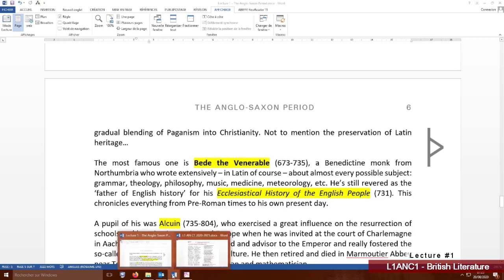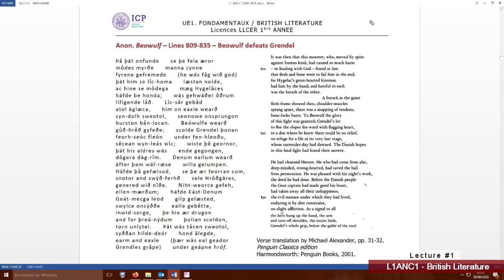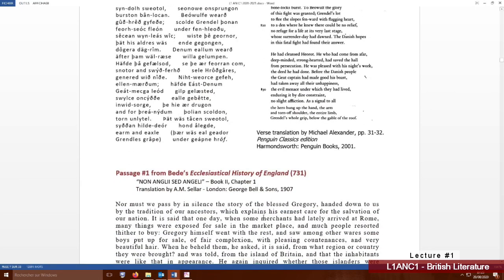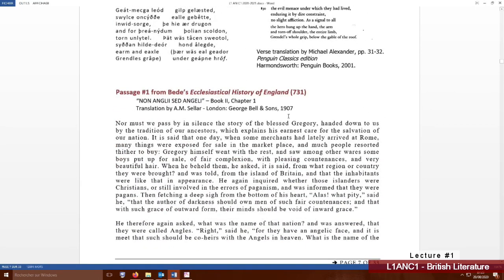Now, in the text samples, I have included two very famous anecdotes which are narrated in the Ecclesiastical History of England. The first one is about Pope Gregory having, maybe you already know about this famous anecdote, having spotted English slaves in Rome and saying, "Oh my God, they're so beautiful.